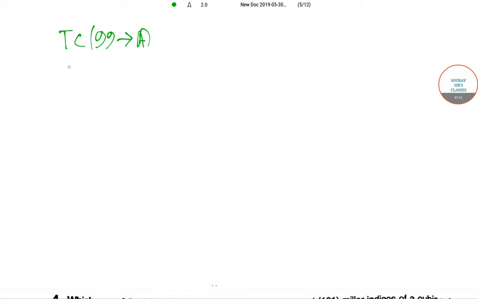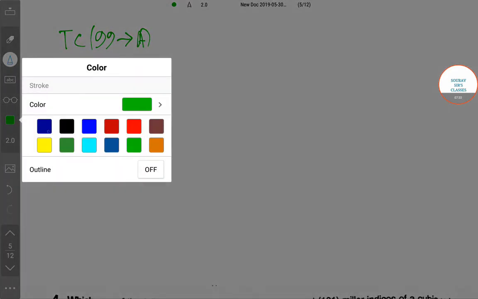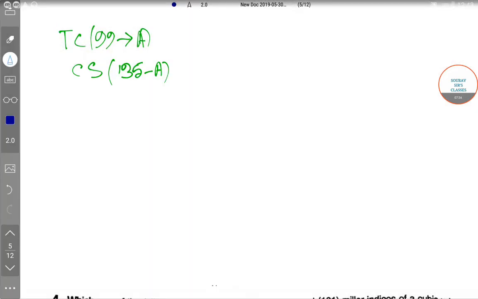Tc is technetium and Cs is cesium. Here the mass number is 135 for cesium. This is nearly the relative mass number.